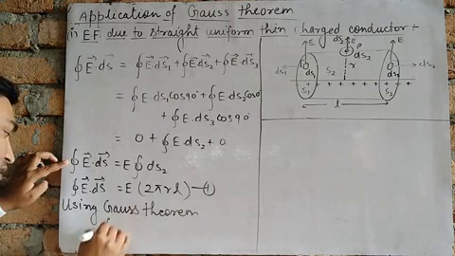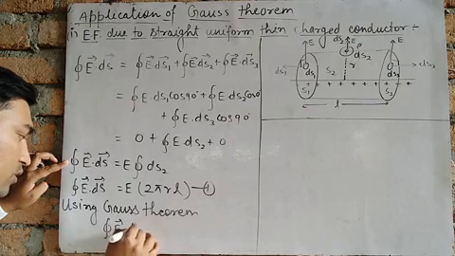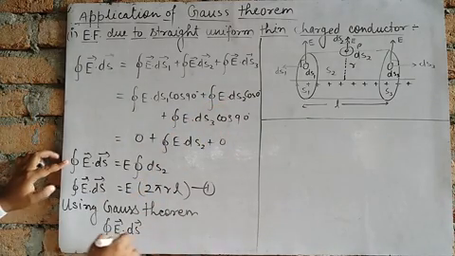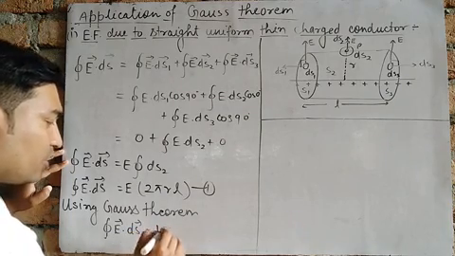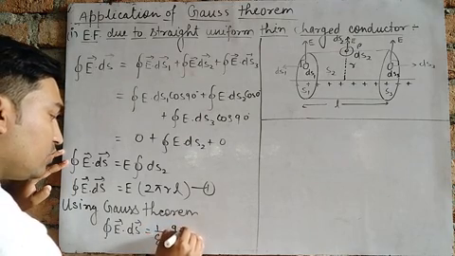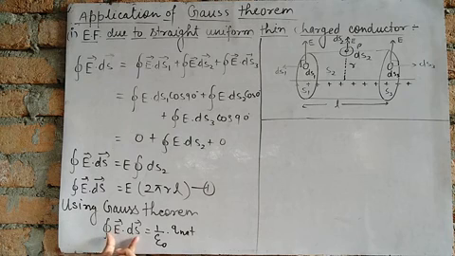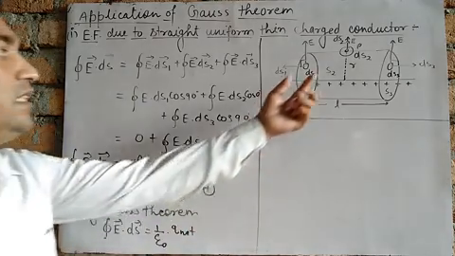The net flux through this cylindrical surface is equal to 1 upon epsilon naught times the net charge enclosed within the surface. This is the formula for Gauss theorem. This is net flux, which is equal to 1 upon epsilon naught into net charge enclosed within that Gaussian surface.